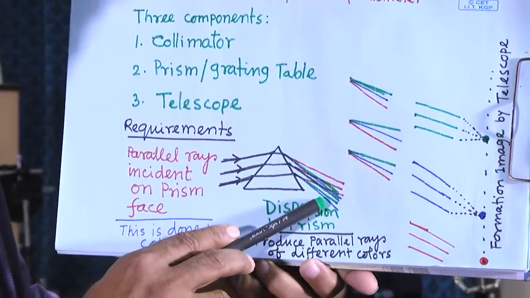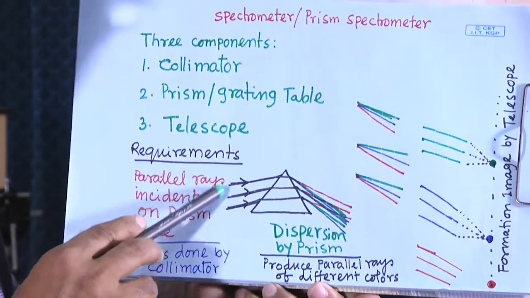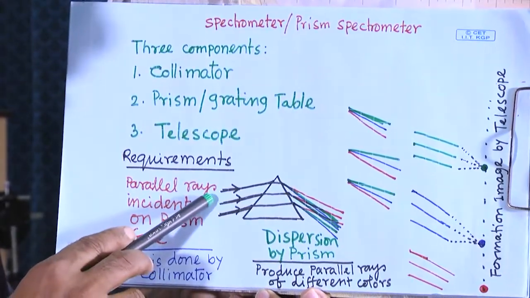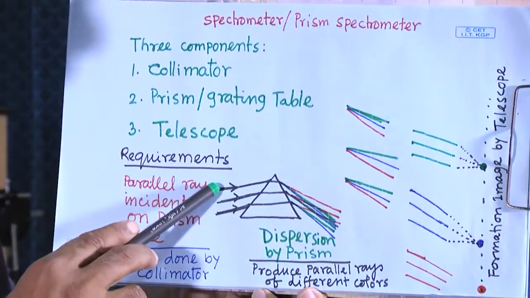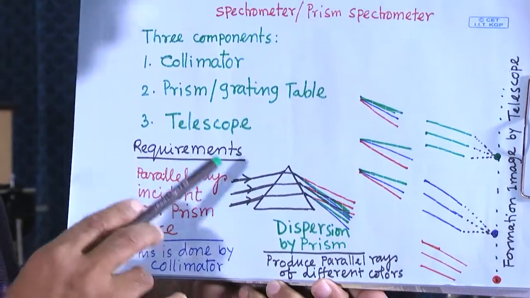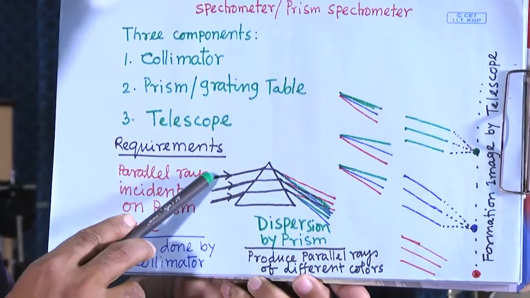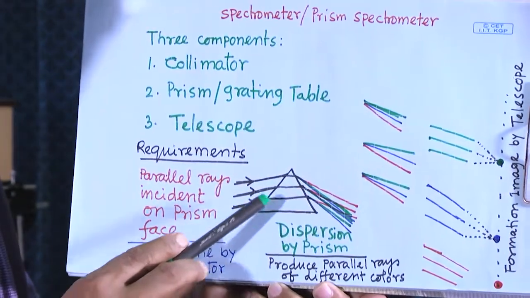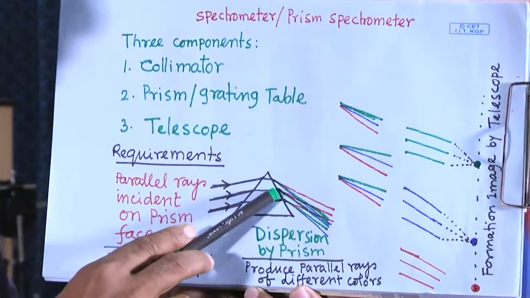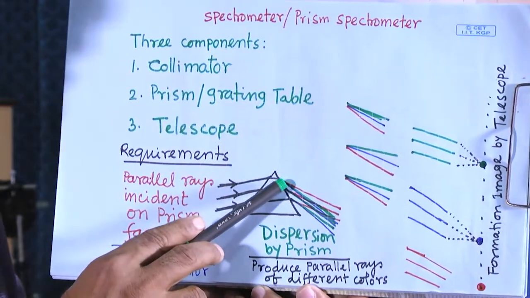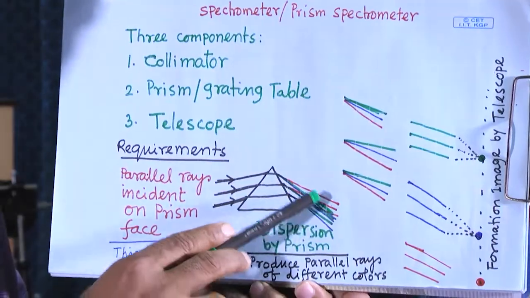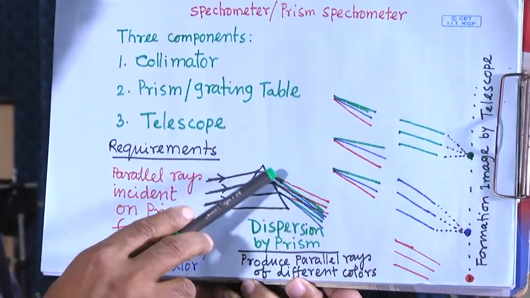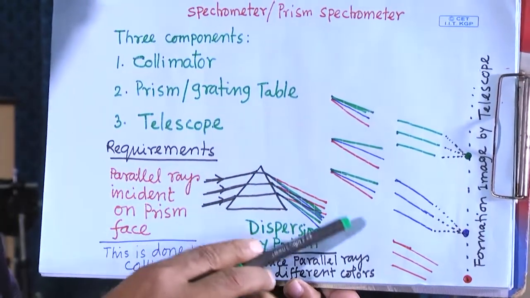For a beam, not a single ray but many parallel rays, when they fall on this prism, on the other side from each ray the colors will be separated.